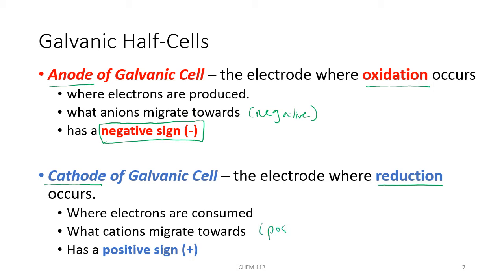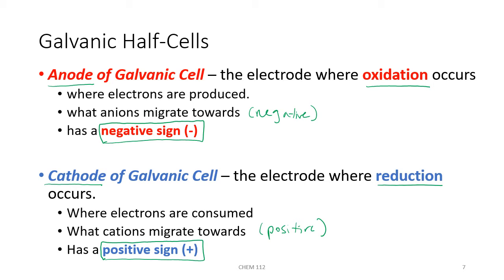Cations have a positive charge, and so the cathode has a positive sign, like thinking of how your battery has a positive sign. On your batteries you see a positive and a negative sign, and that essentially tells you which side is the anode and which side is the cathode.